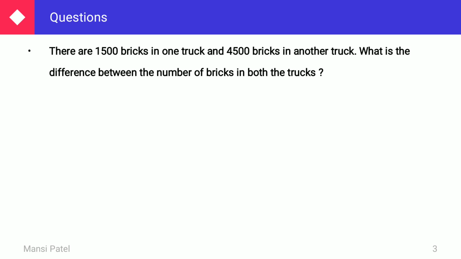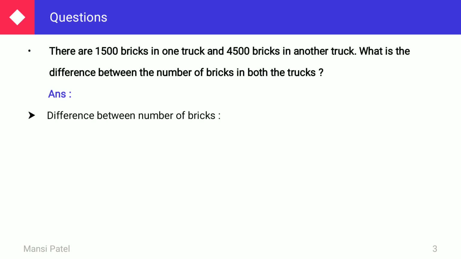Whenever in a word problem they are doing comparison, they are asking about the difference. At that time we have to do the subtraction. So here you have to find out the difference between the number of bricks in both the trucks.